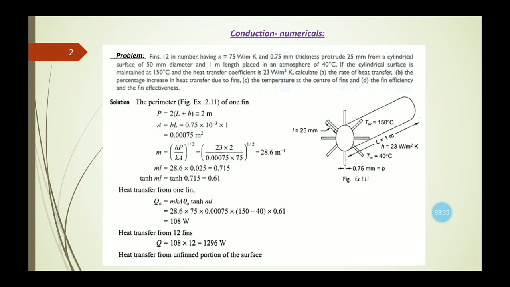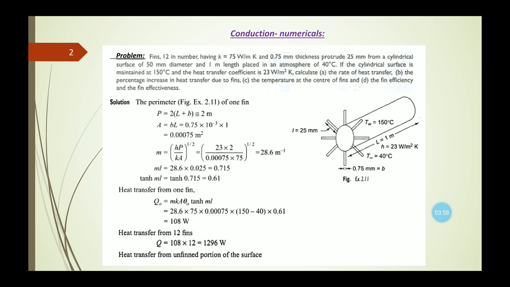The diagram suitable for this numerical is given here. The temperature, length, thermal conductivity, convective transfer coefficient, breadth, all these things are shown in this diagram.